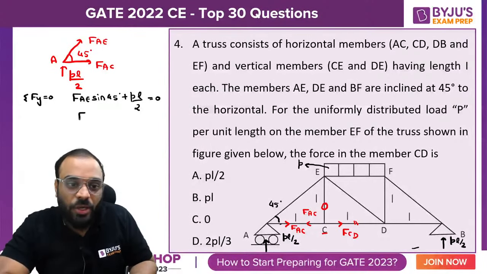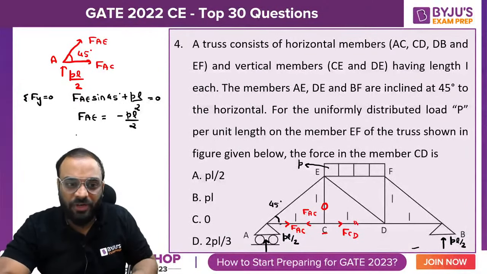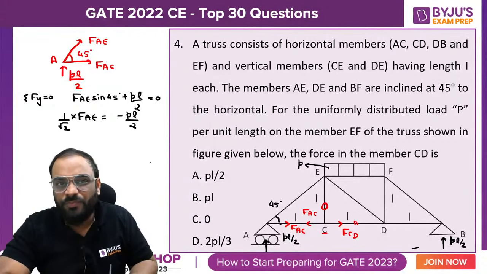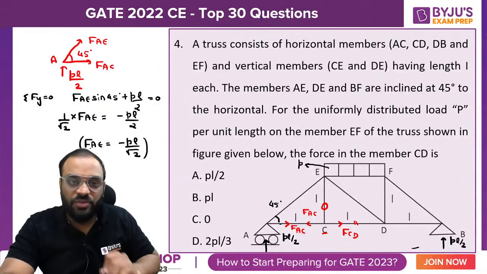Now FAE is equal to how much, guys? FAE is equal to minus PL by 2 divided by sine 45, or you can write it here, 1 by root 2. So ultimately what you will get, FAE is equal to minus PL by root 2. This is one of the values which we need to find.